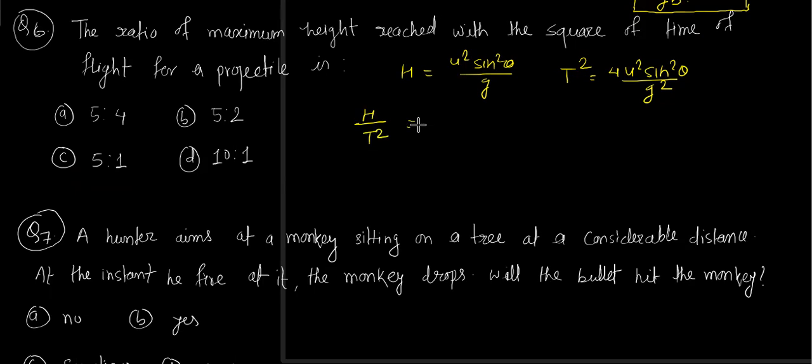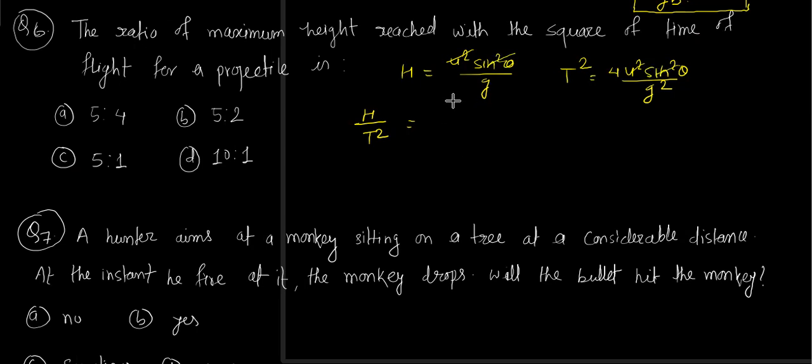If we look here, the sine square and sine square will cancel out, and the u square will cancel out.